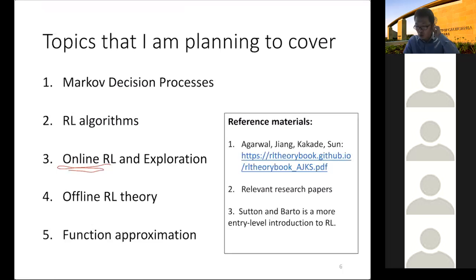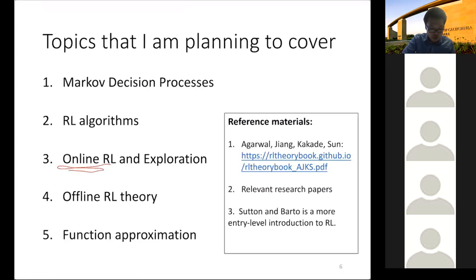Okay, so we don't really have a formal textbook, but we'll be drawing very heavily from this recent monograph by Alekh Agarwal, Nan Jiang, Sham Kakade, and Wen Sun. This book is freely available online, so you should go and download it.